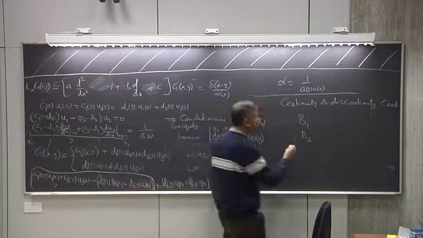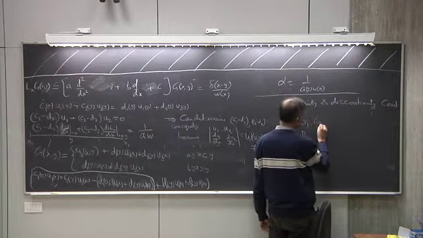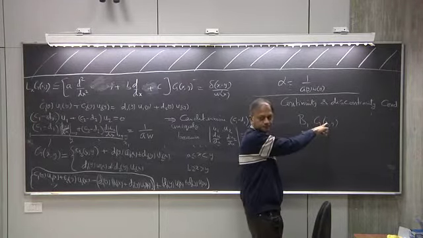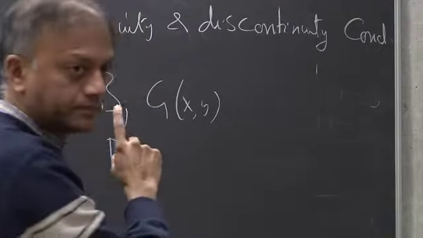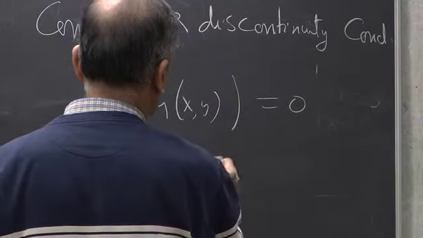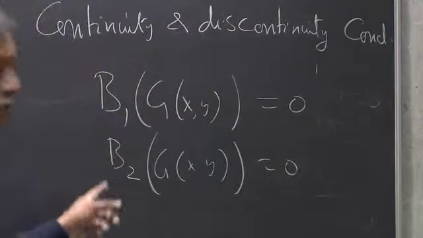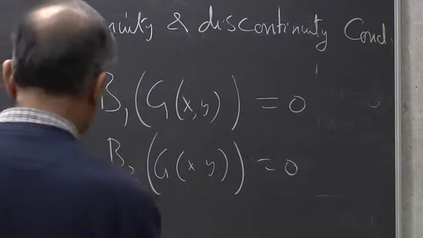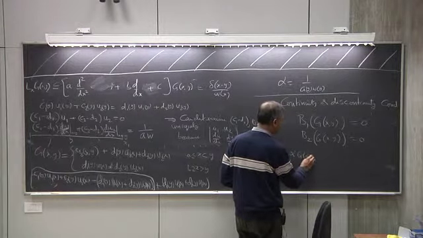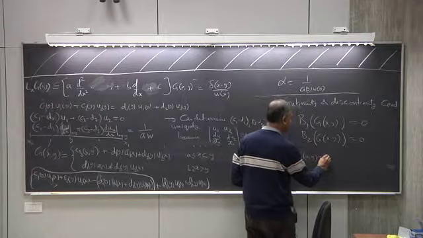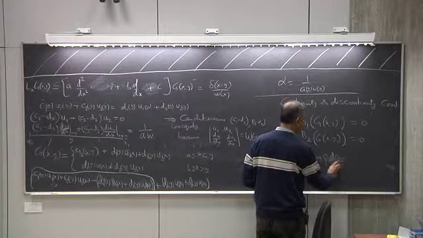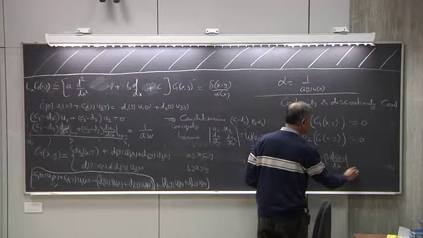So what we require is B1 of G(x,y) as a function of x, where y is a fixed parameter because this differential equation is in x, must be equal to 0, and similarly B2 of G equal to 0. This is a shorthand notation, because remember these boundary conditions were alpha, so this becomes alpha G at x equal to a, y, plus beta dG by dx at x equal to a, plus gamma.